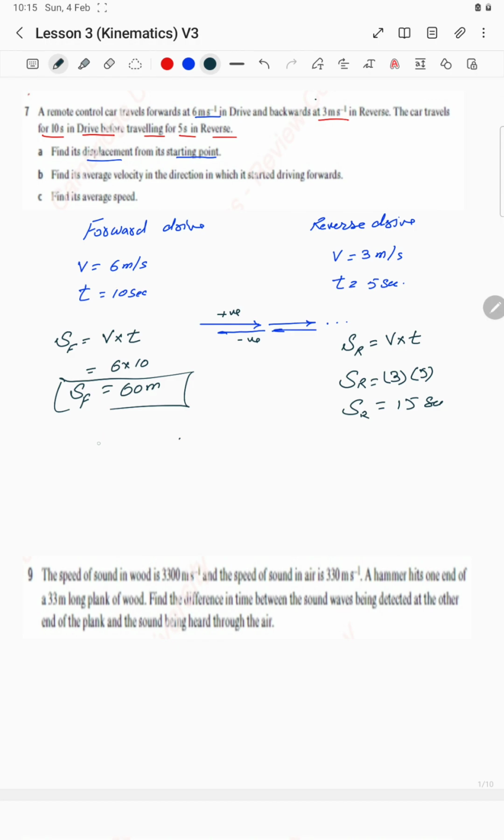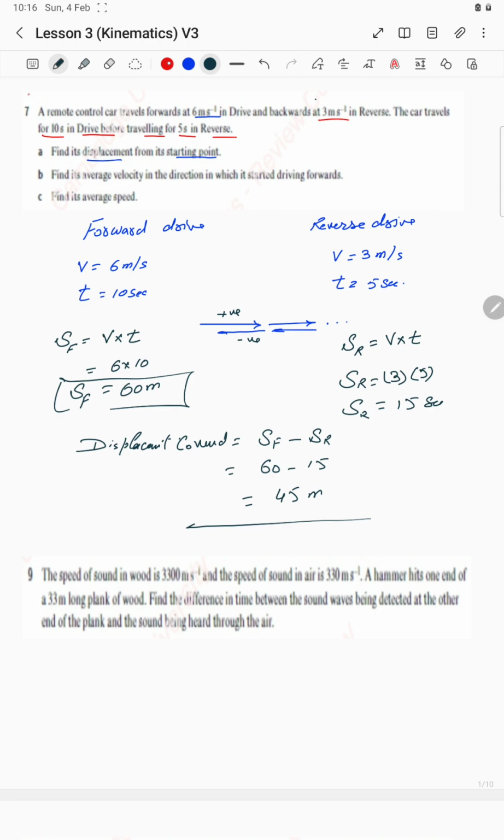So the displacement covered will be forward minus reverse. Forward is 60 minus 15, so it comes to 45 meters.